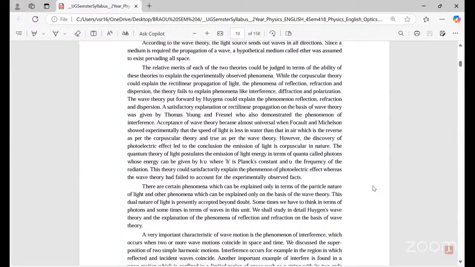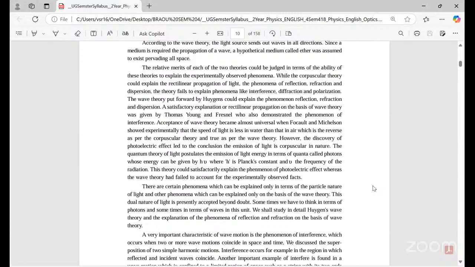So it successfully explained reflection, refraction, dispersion, and rectilinear propagation of light, but it failed to explain other most important properties, which are interference, diffraction, and polarization, according to the corpuscular theory.